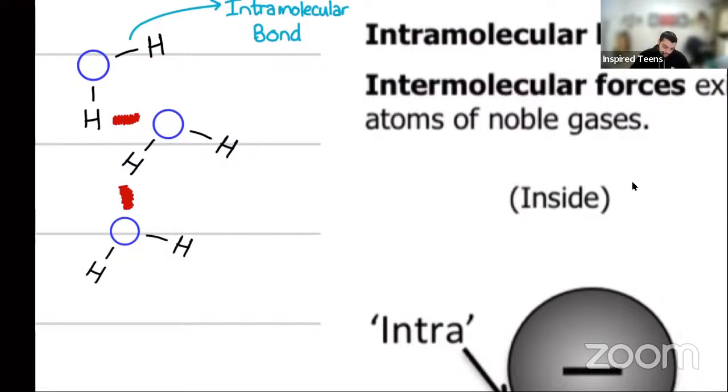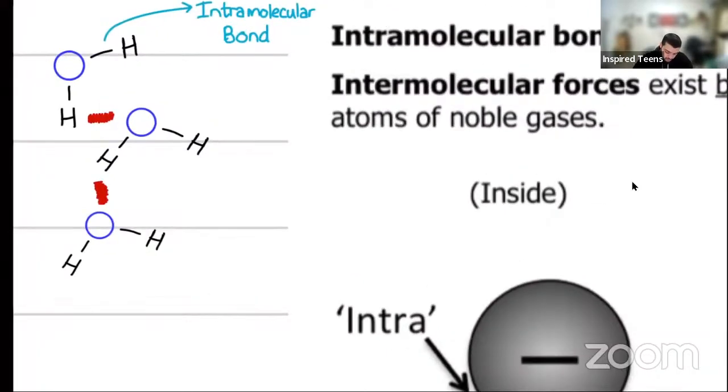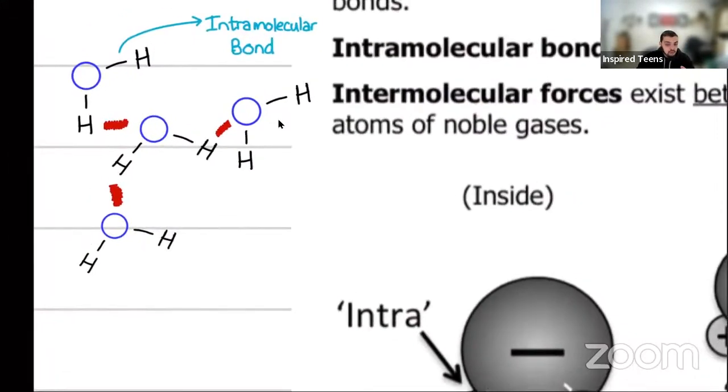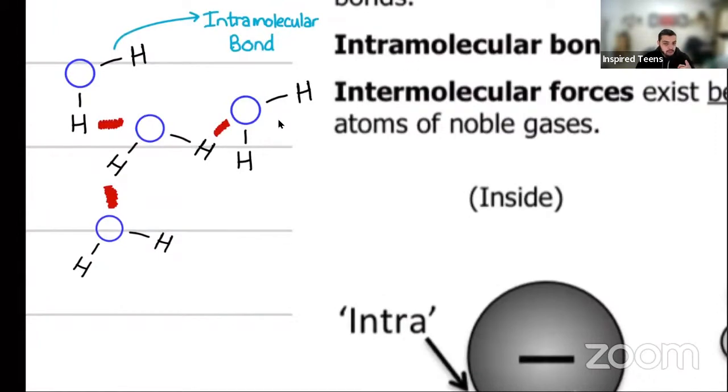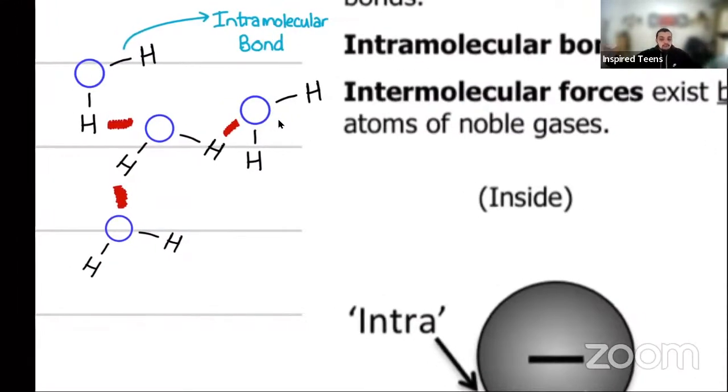Between one H2O molecule and another H2O molecule and another, we can see that these forces are being formed. The first type of bond that we learned is an intramolecular bond, that's between atoms in one molecule. But when numerous molecules combine, the forces that form between them, which are these red things, are our intermolecular forces.